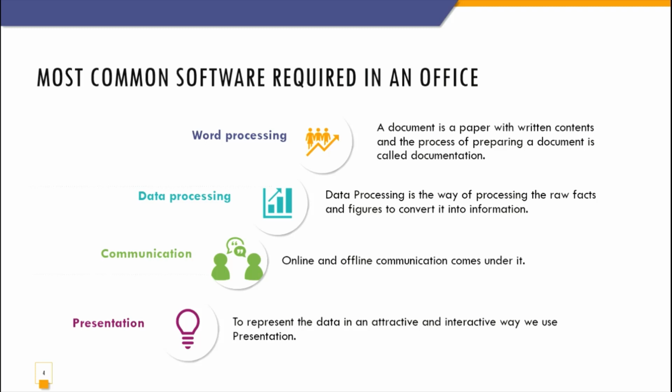Now the topic is most common software required in an office. In an office, if we see, there are a few most common operations. For those operations, we require a few software. And the software listed over here are the most common software used in each and every office.